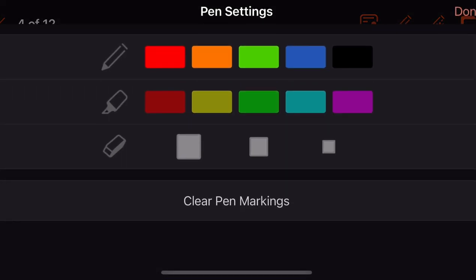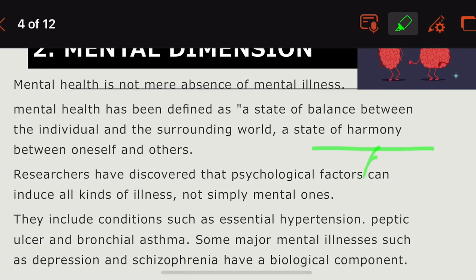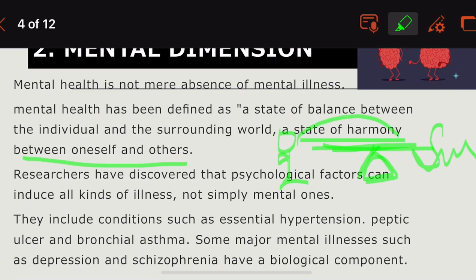So you can see there is a balance between the individual and his surrounding. This balance has to be maintained. A state of harmony between oneself and also the other people. Between him and the other people, there is harmony as well as a balance.